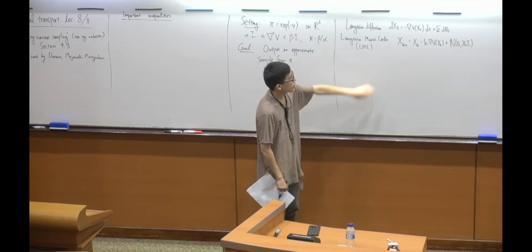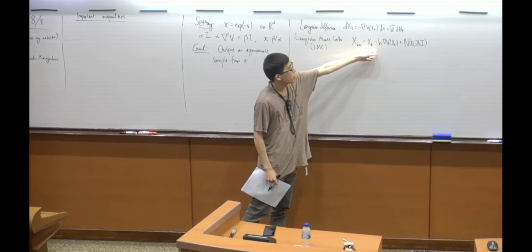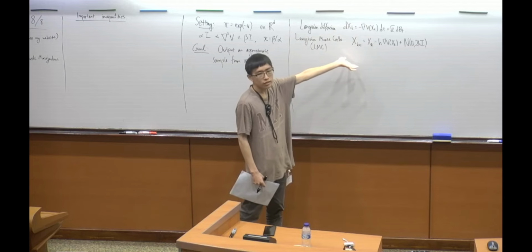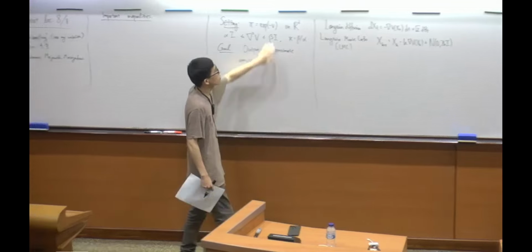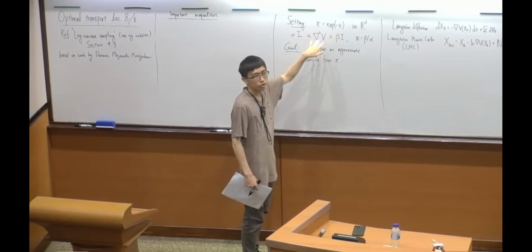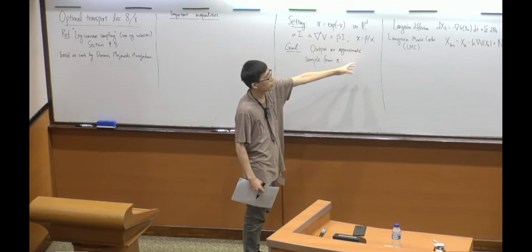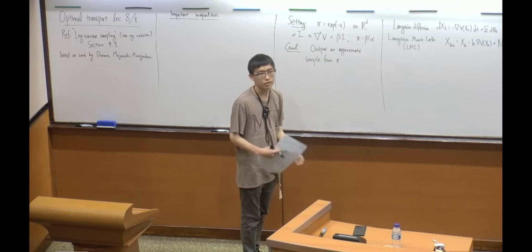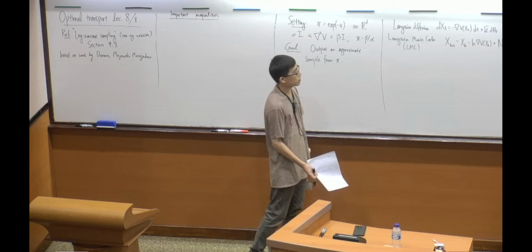This is not going to be the case in sampling, because for any fixed choice of h, this algorithm defines a discrete time Markov chain. But the stationary distribution of this Markov chain is not the same thing as the original distribution pi. I just did a discretization operation on the diffusion. There's no reason why discretization should preserve the stationary distribution, right? So there's going to be some bias in this algorithm.